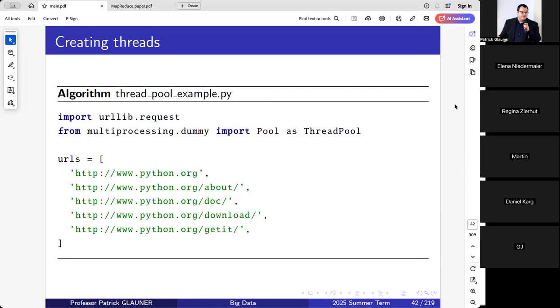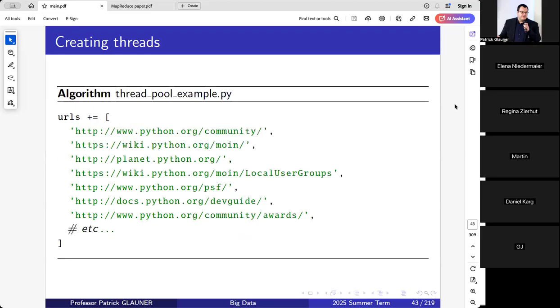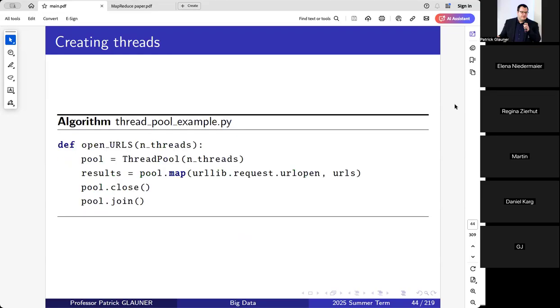Last week, we continued with parallelism, and we saw how we can easily create threads in Python, most easily with a thread pool. If we have lots of parallel work that needs to be done, this thread pool encapsulates the work for us very well.